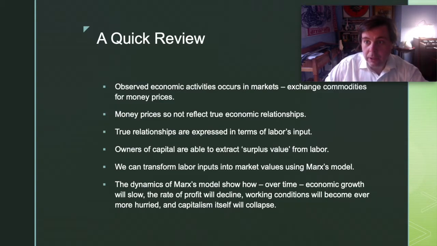Indeed, the process of commodity exchange masks the underlying social conditions. So true economic relationships are expressed in terms of labor inputs or in terms of socially necessary labor employed.